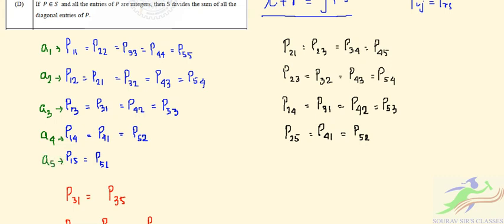So from here we can write which elements belong to which. P21 will be A2, and P23 is also A2.